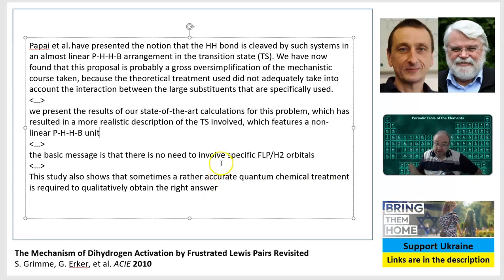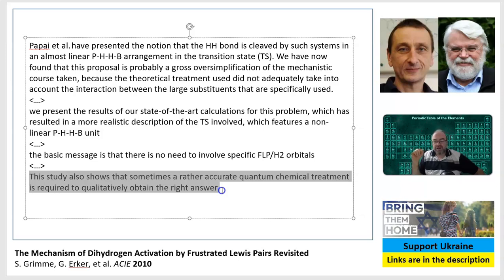Like, a chemical reaction should always involve some orbitals. But okay, and they finish with this statement: this study also shows that sometimes a rather accurate quantum chemical treatment is required to qualitatively obtain the right answer. And that's a bit offensive. So you start feeling the drama, right? Anyway, bottom line, we now have some argument which needs to be resolved.